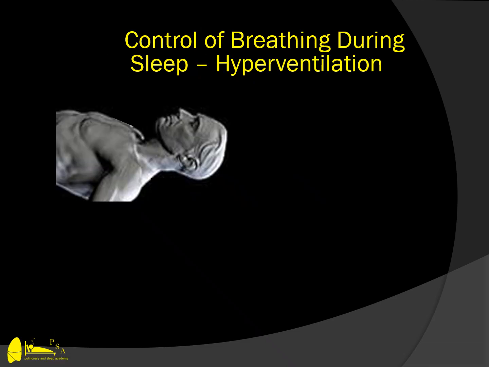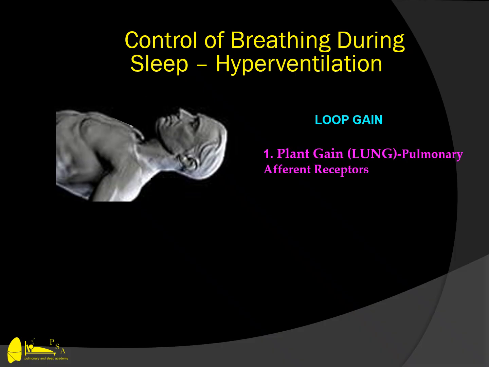So to better understand some of the reasons that we have the hyperventilation that leads to central apnea, we need to explore this concept known as loop gain. And this is a process wherein the controls of respiration are further destabilized because of two features. The first of these is known as plant gain, which refers to the increased ventilation produced by the lung itself.